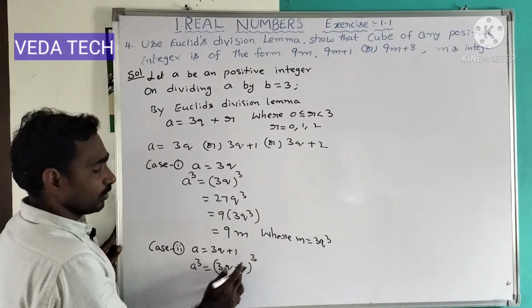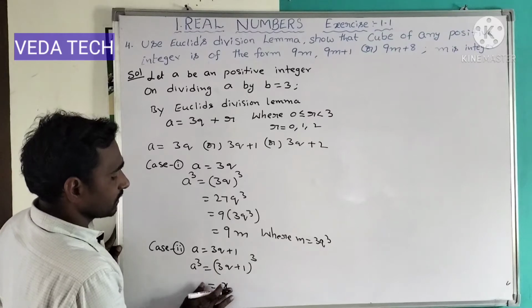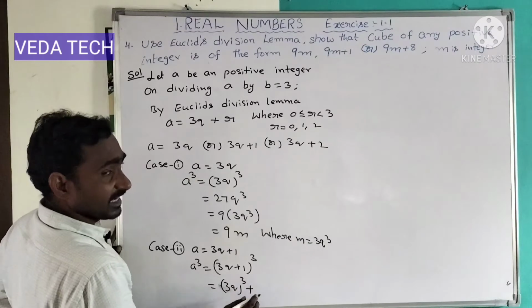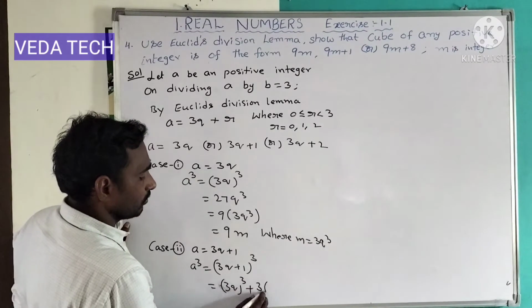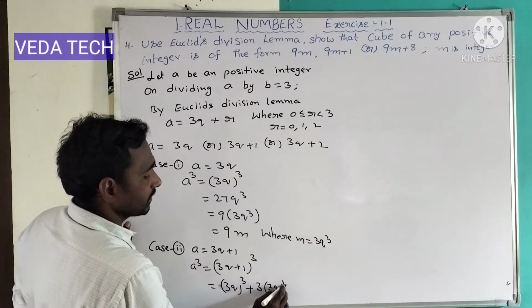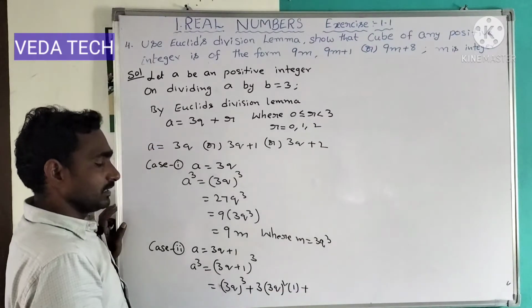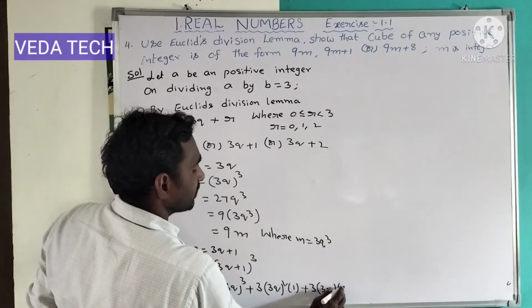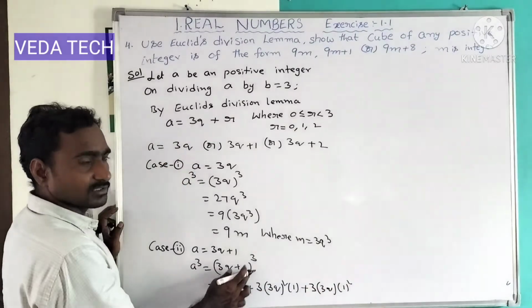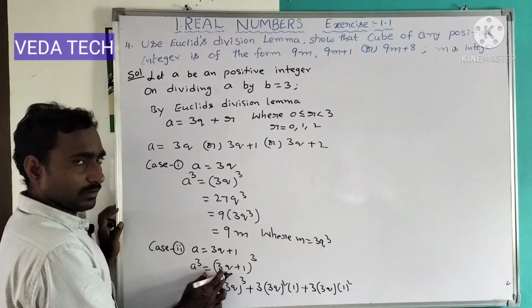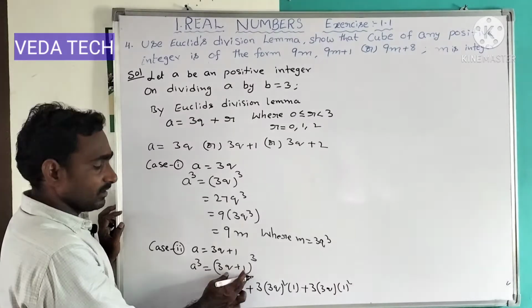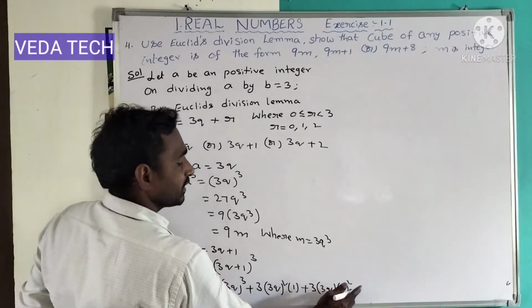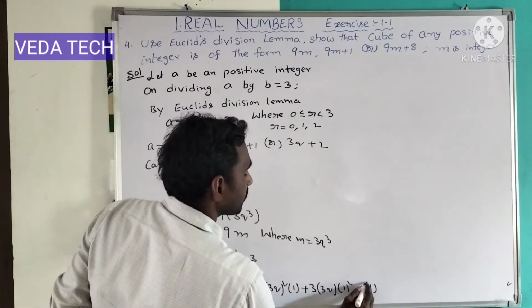X cube plus 3x square y plus 3xy square plus y cube. Let x value be 3q and y value be 1. Y cube means 1 cube.